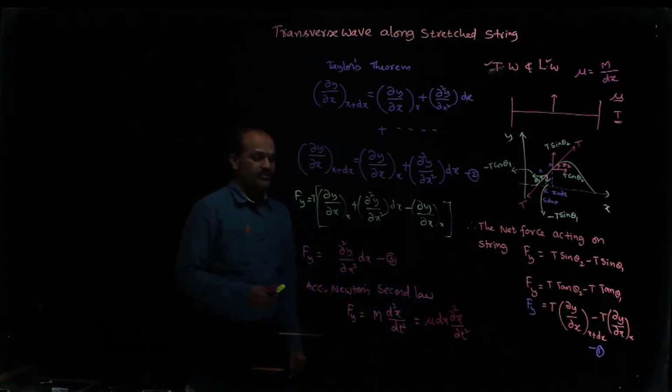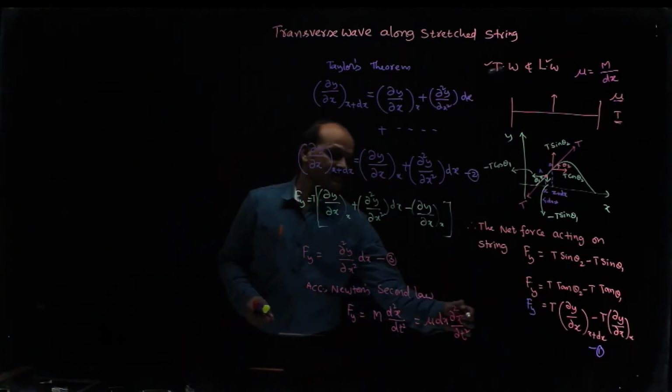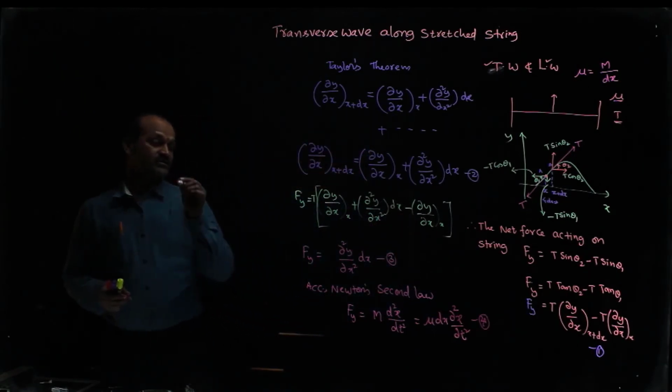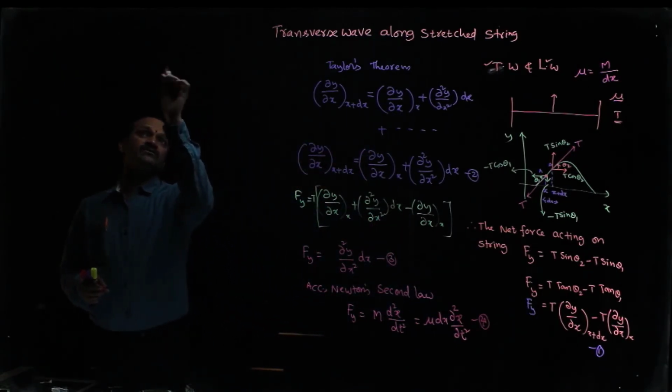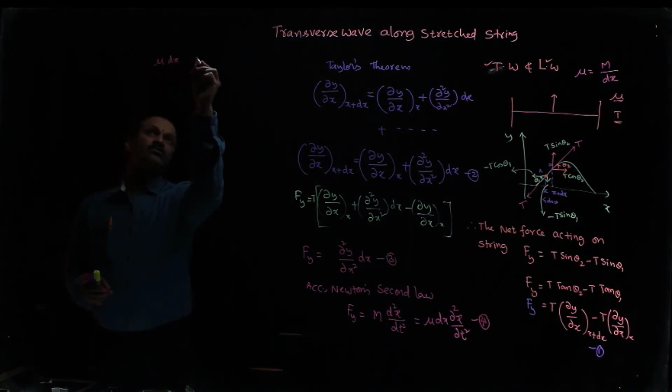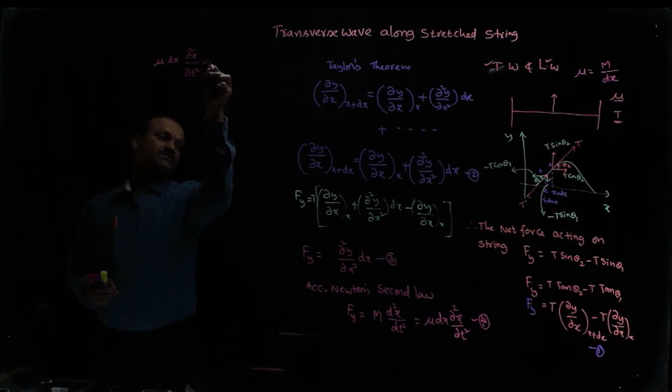Let us equate these two equations. When you equate these two equations, mu dx into dou square x by dou t square is equal to how much?